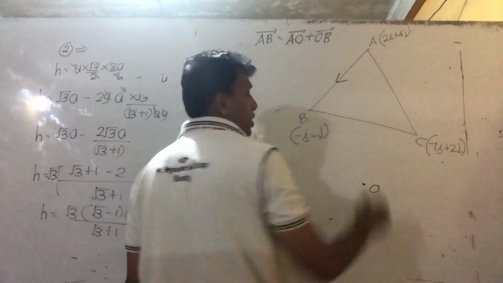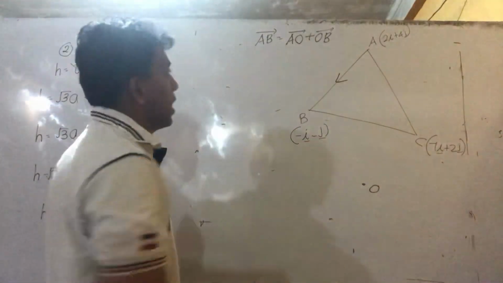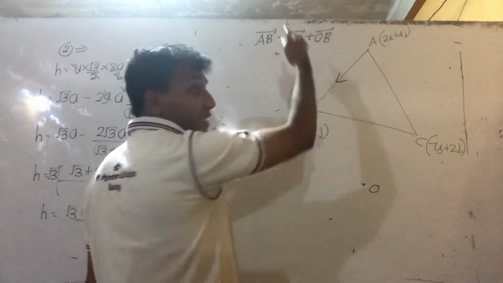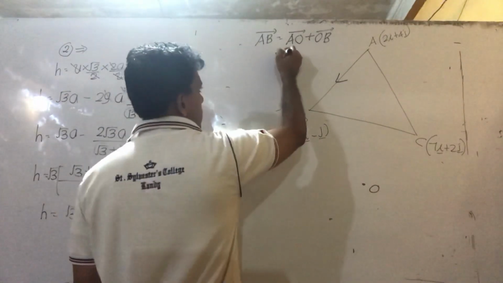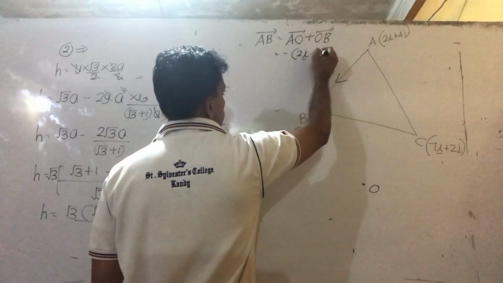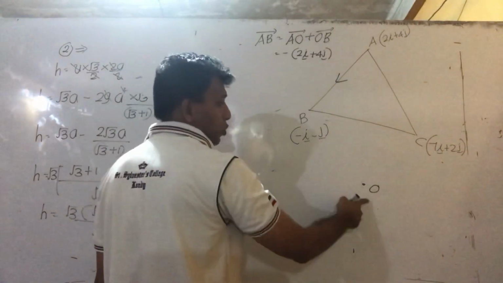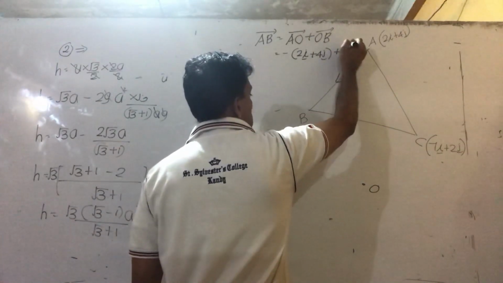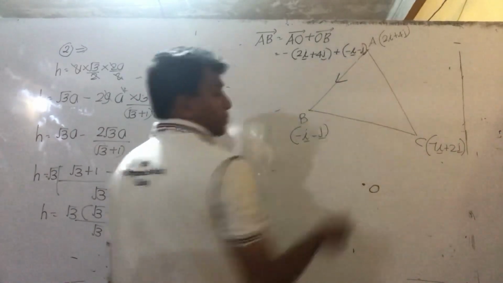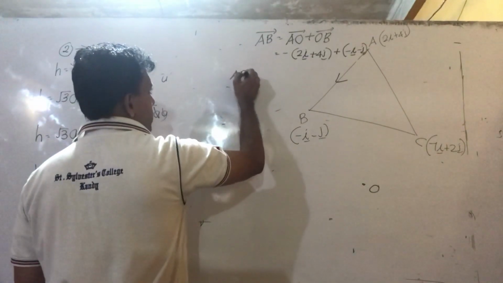If I mention O is the origin, AB vector equals AO plus OB. So what is the answer? OA is given, AO is minus 2i plus 4j, plus OB vector, which is minus i minus j.